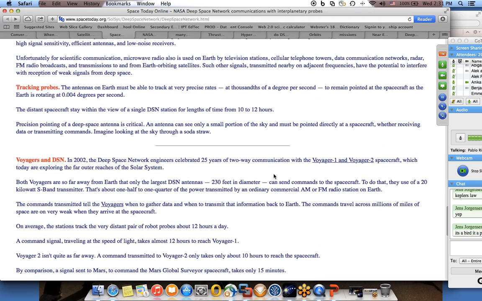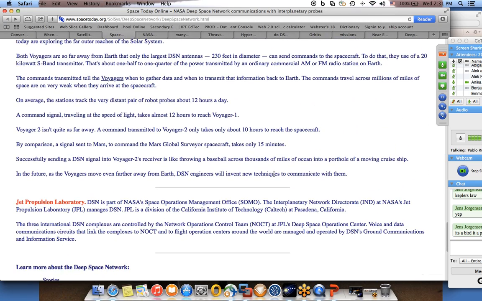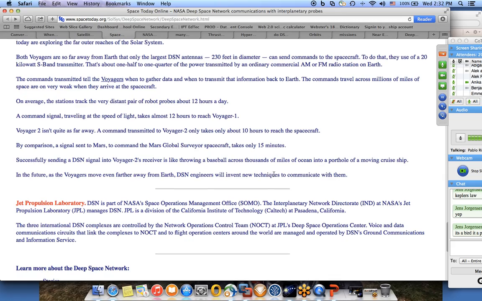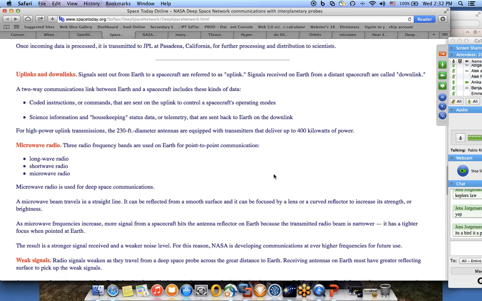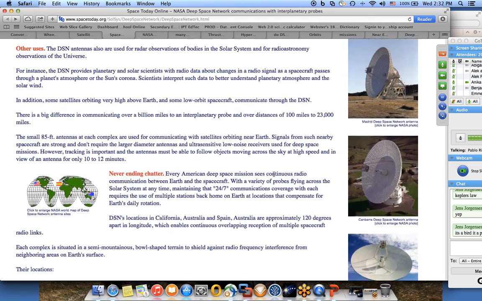So in your project, you are also going to need to be able to communicate with your probe. You will need to decide what you are going to use to communicate with it. What systems is the probe going to have to receive and send information? And then how are you going to listen and send information to the probe?